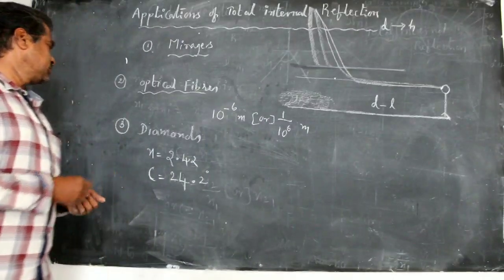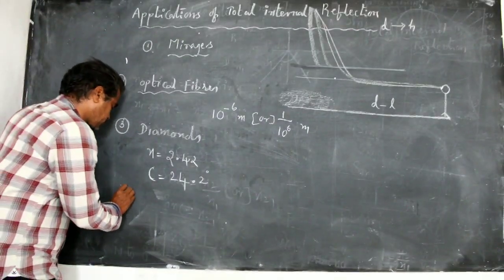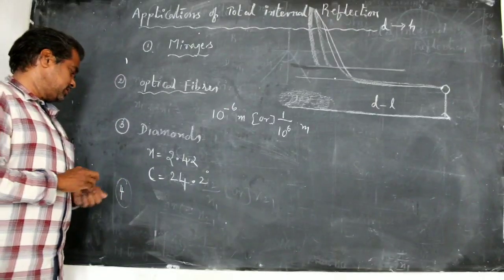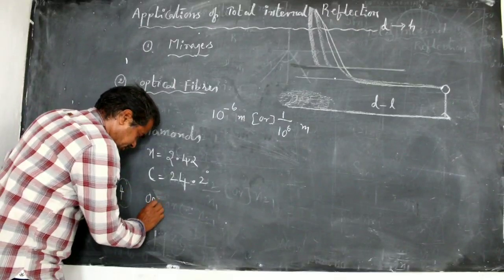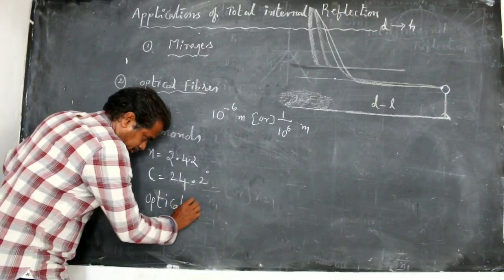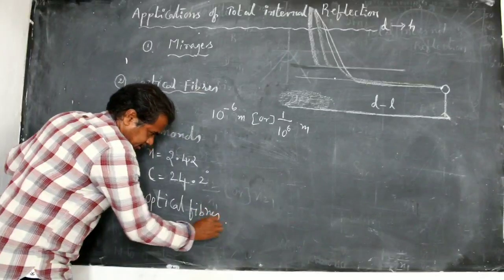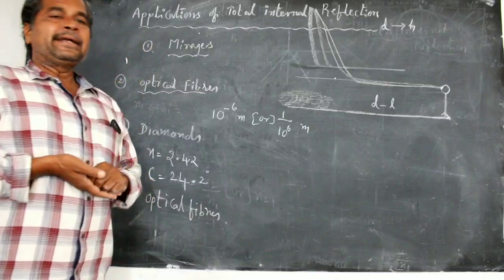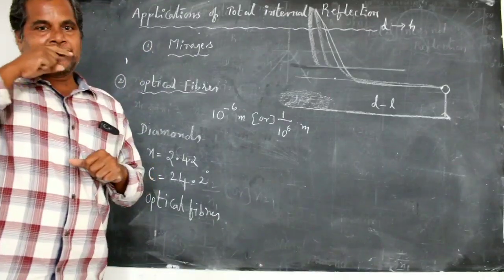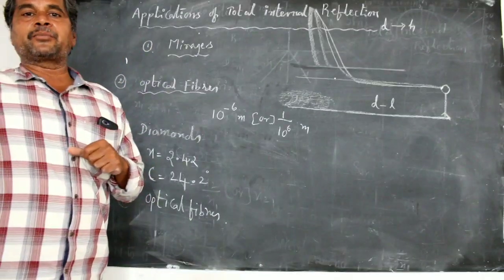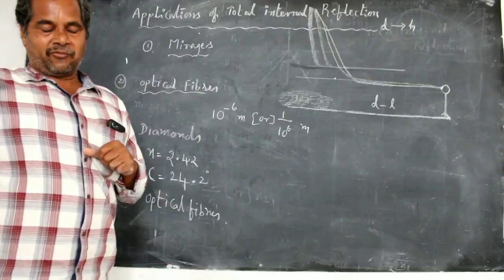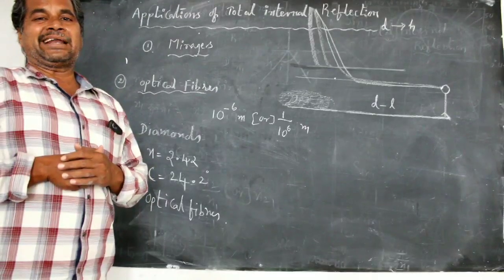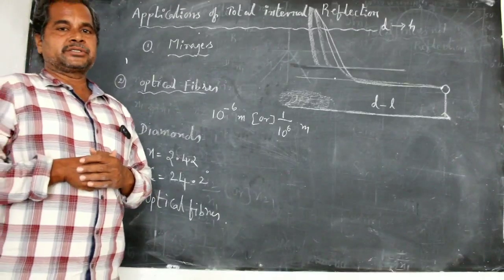Okay. Next, last case. It is also one of the applications: optical fibers. Nowadays, optical fibers are used to transmit telephone signals and internet signals from one place to another very efficiently when compared to conventional methods.